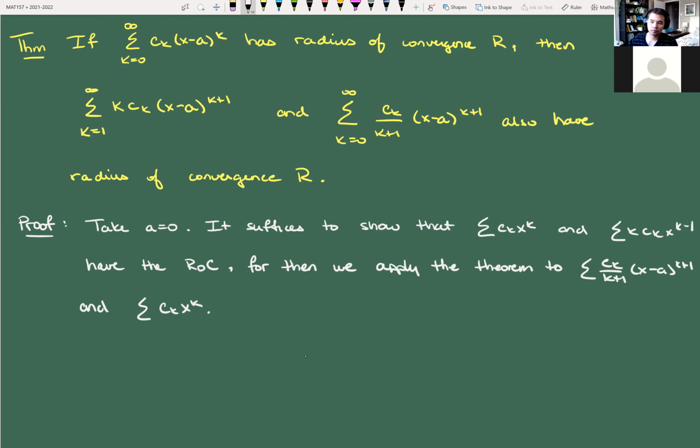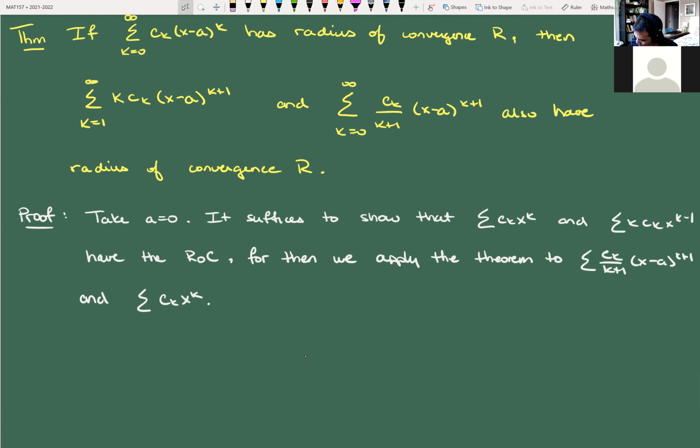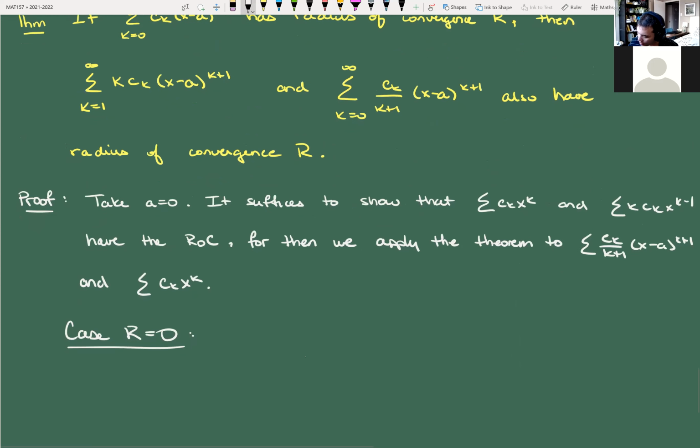Okay, so let's start off with what happens if we take a radius of convergence equal to 0. So case r is equal to 0. We're going to start by assuming, again, that the original series converges if and only if x is equal to 0.